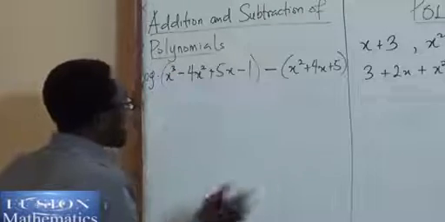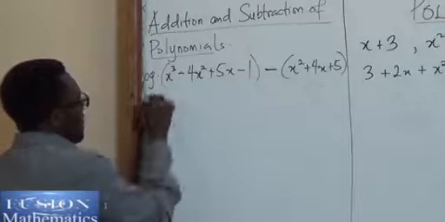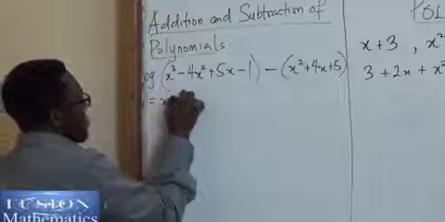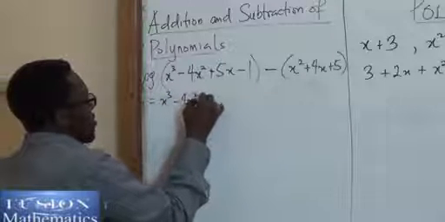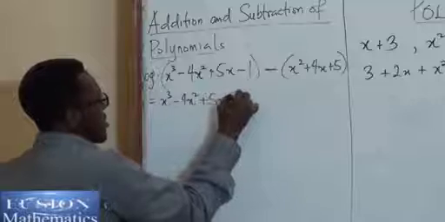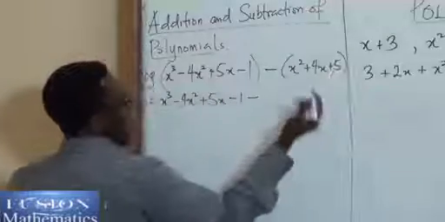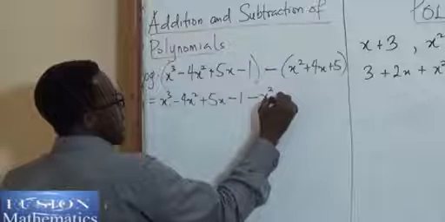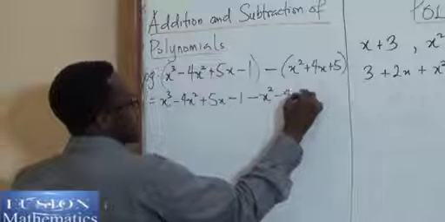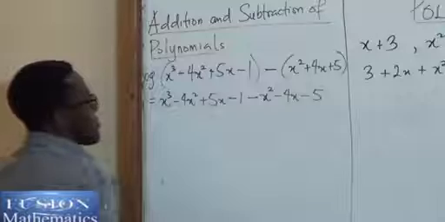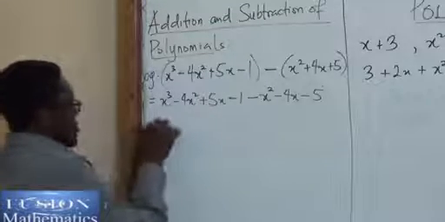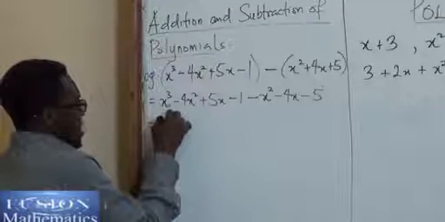Now for us to subtract them, we open the bracket. We have x cubed minus 4x squared plus 5x minus 1 minus, and this minus will affect everything in the bracket, so we have x squared minus 4x minus 5. Then we collect the like terms, that is the ones with the same power.